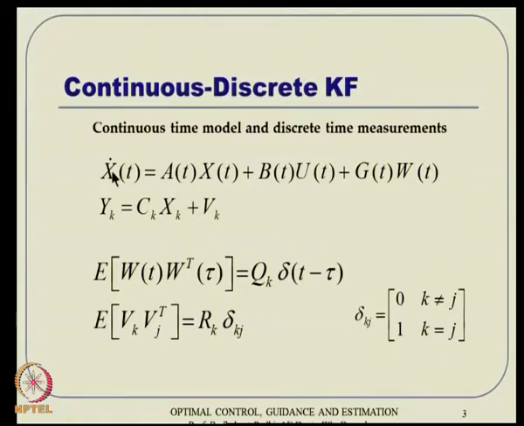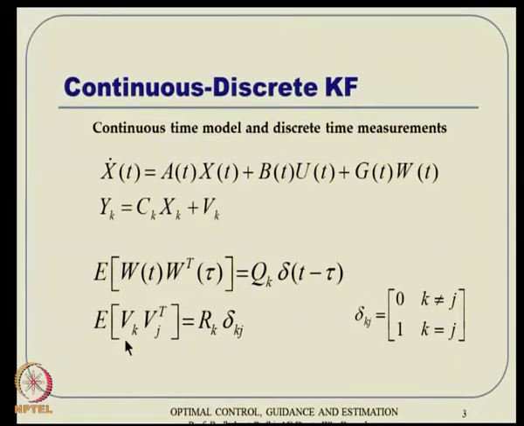But that is typically real life. In real life we have system dynamics represented by differential equations naturally, whereas measurement equations are typically discrete equations, where a measurement comes at each sample. So, here W is continuous time, and it is represented by an expression with Q times delta of t minus tau.